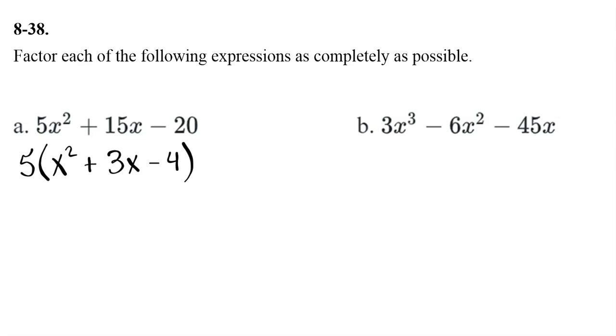And then this next one, we can pull out a 3, which is 3 times x squared minus 3 times 2 is 6. Ooh, we can actually pull out something more, because we can take an x out of this. So if we take an x out of this, we then get 3 times, that becomes x squared minus 2x minus 15.